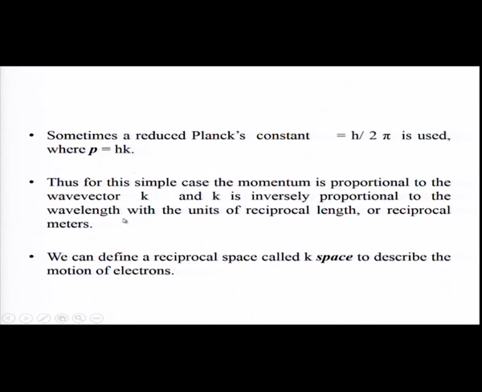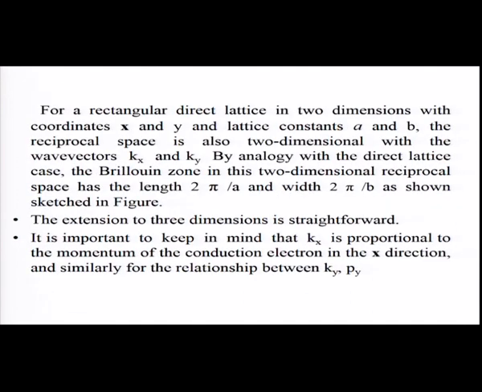Therefore, for this simple case, the momentum is proportional to the wave vector k, and this wave vector k is inversely proportional to the wavelength, and we can define a reciprocal space or k space to describe the motion of electrons. For a rectangular direct lattice in 2 dimensions, say with lattice constants a and b, the Brillouin zone in this 2-dimensional reciprocal lattice space is 2 pi by a and 2 pi by b.